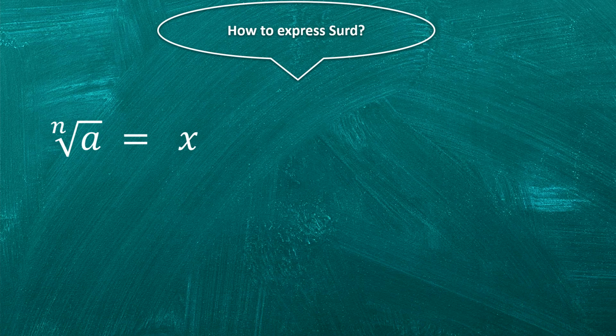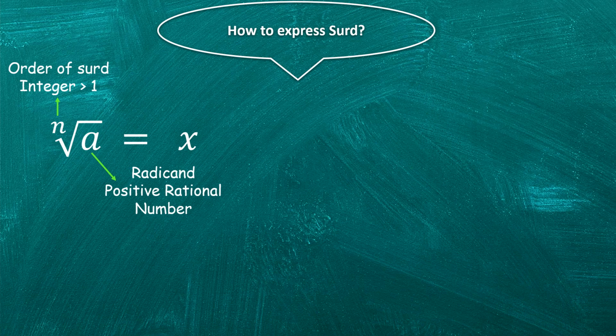So from this notation we must understand that n is the order of the surd and has an integer value greater than 1. A is the radicand, the number under the root sign, and it should be a positive rational number. X is the nth root of a, which is an irrational number, and the root sign is called the radical.